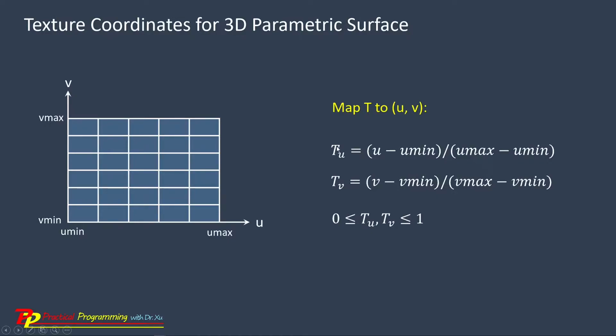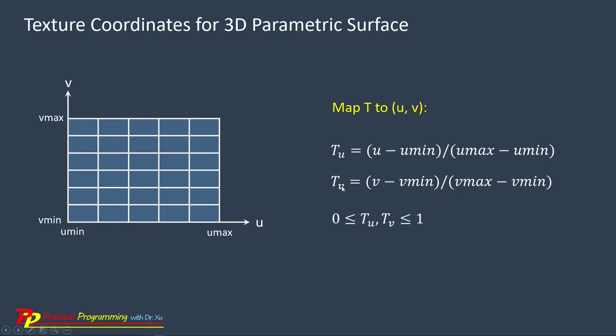We define the texture U component, TU, equal to U minus U minimum, divided by U maximum minus U minimum. With this relation, we normalize U into the range 0 to 1. When U changes from U minimum to U maximum, TU will change from 0 to 1.